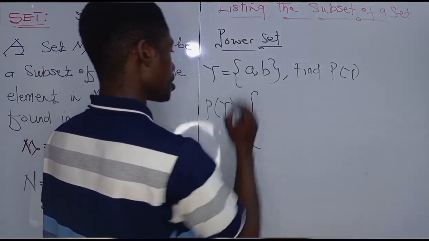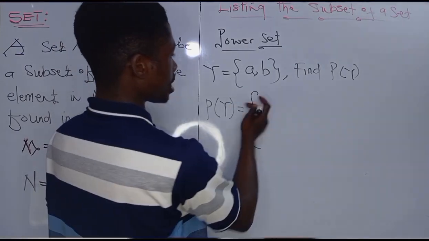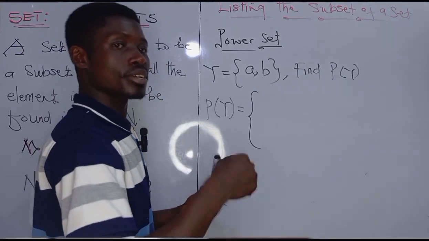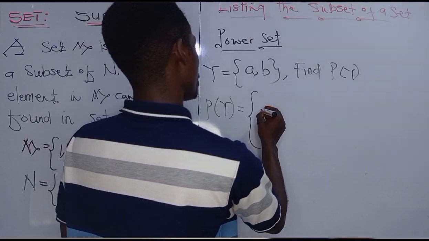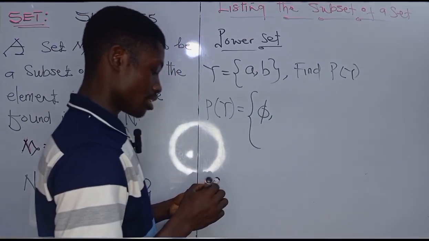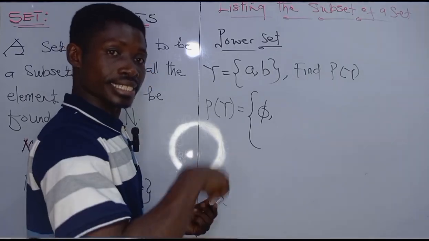we draw our big curly brackets. As I said, the first subset that you have to list is what? The empty or the null set. So we have the empty set. And then the next thing that you are supposed to list is what? The set itself.